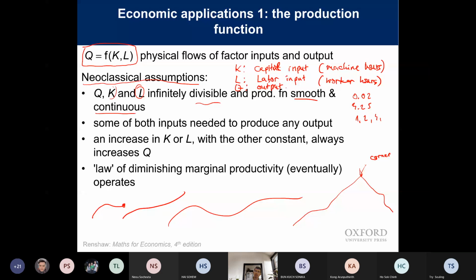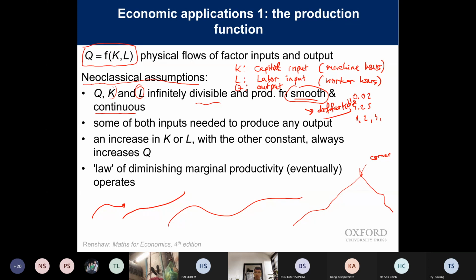The smoothness means it's differentiable, which means we can compute derivatives. So smooth means differentiable in terms of mathematics.